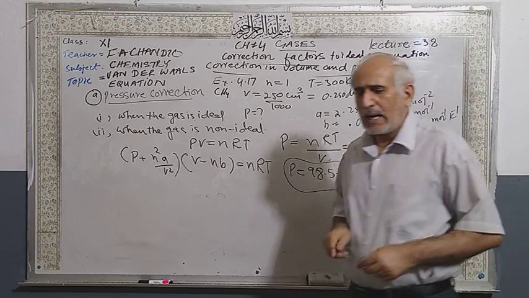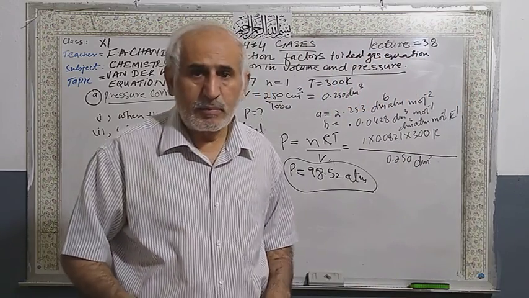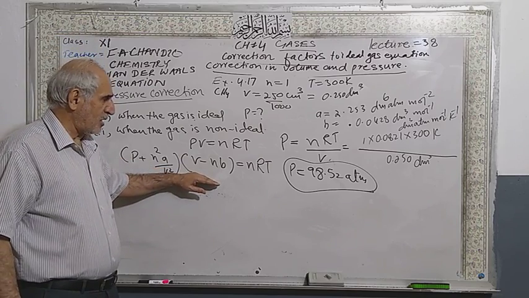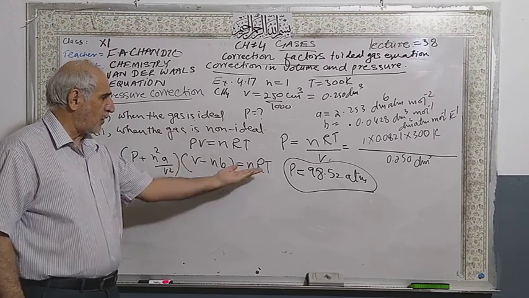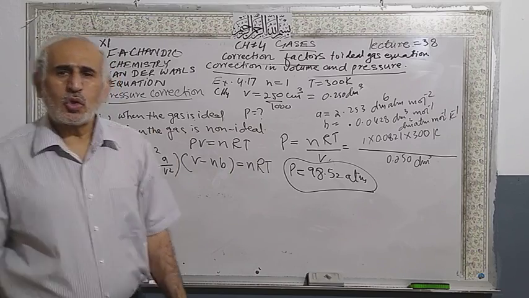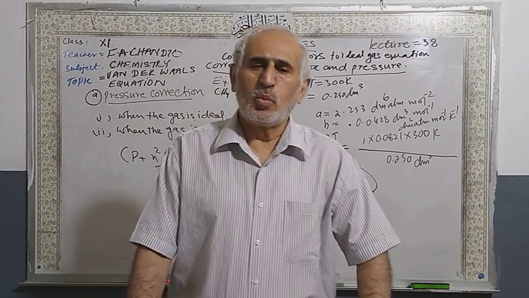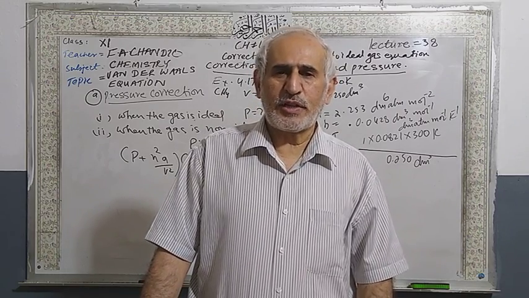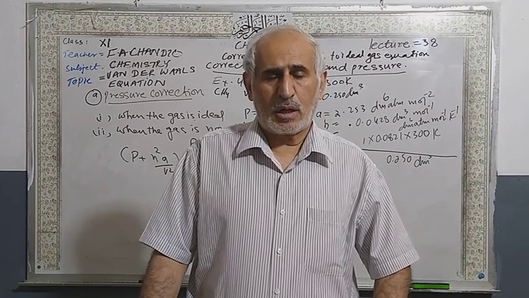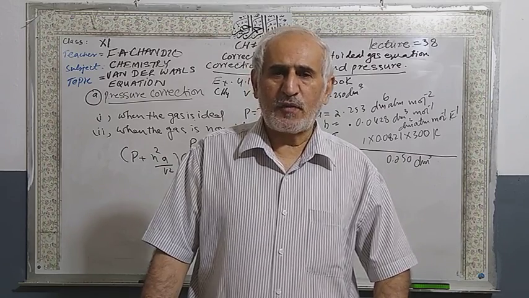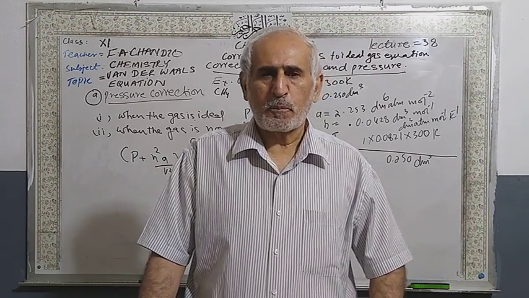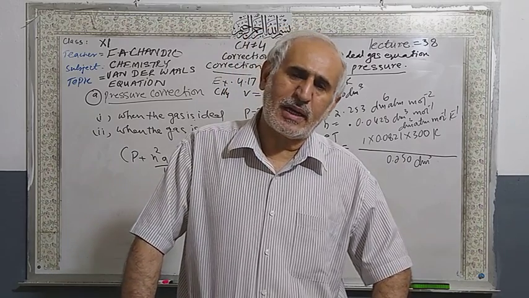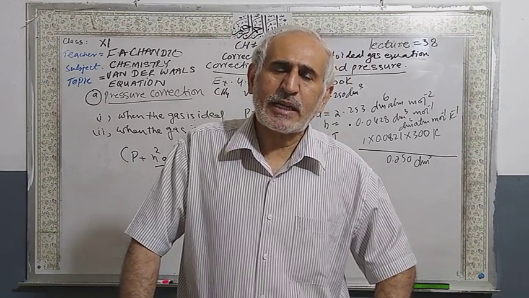When you apply the non-ideal gas equation for the calculation of the pressure, you have more than 16 atmospheric pressure by taking the difference of these two pressures. Non-ideal gas pressure minus ideal gas pressure, you will get a difference.